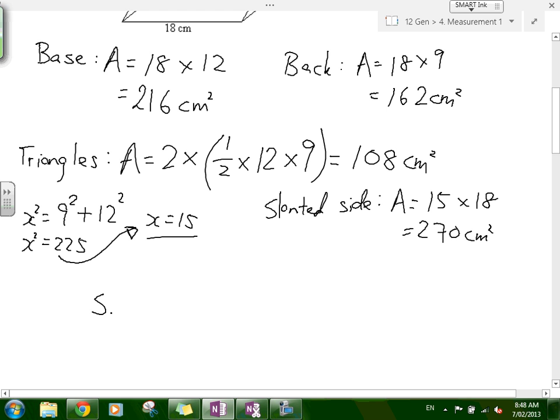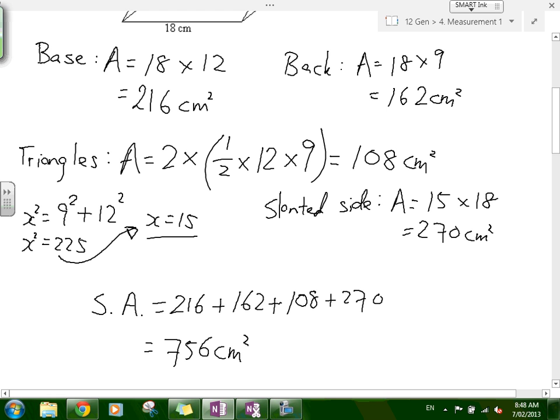So the surface area equals 216 plus 162 plus 108 plus 270, which is 756, and the unit is, yep, square centimeters. Good. That is our surface area.